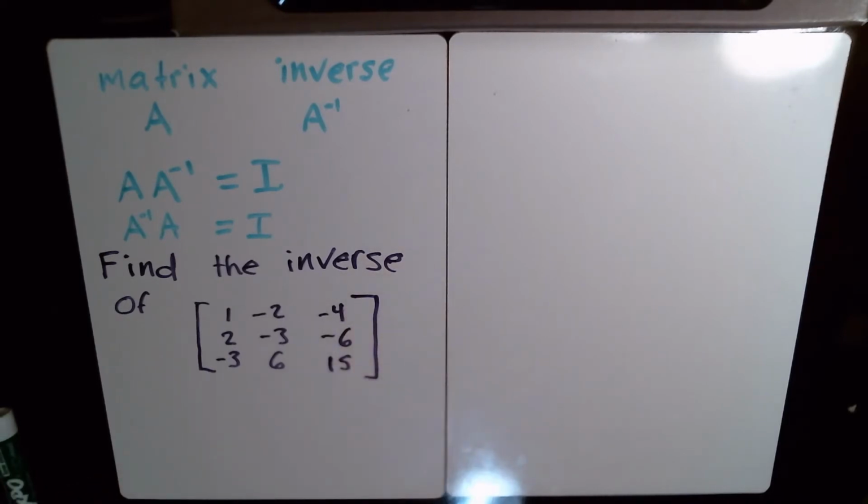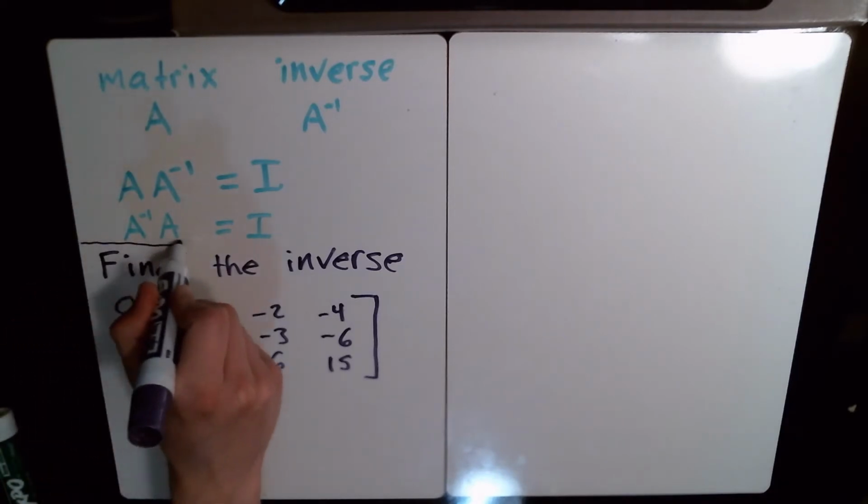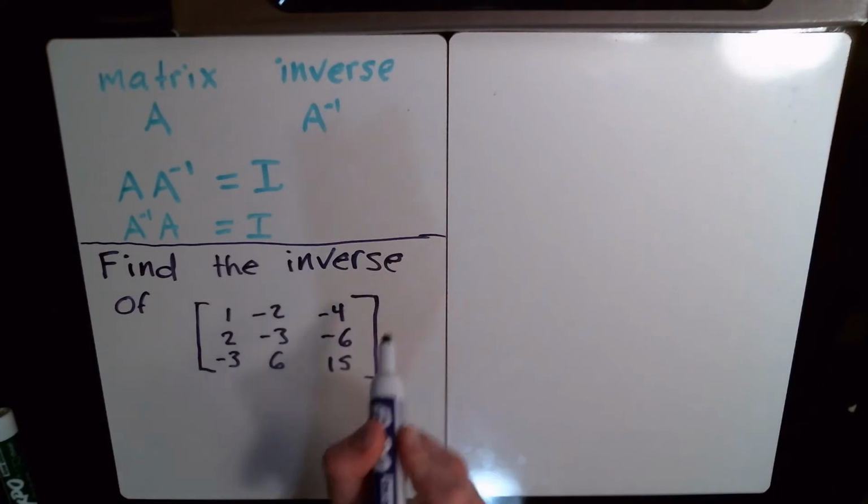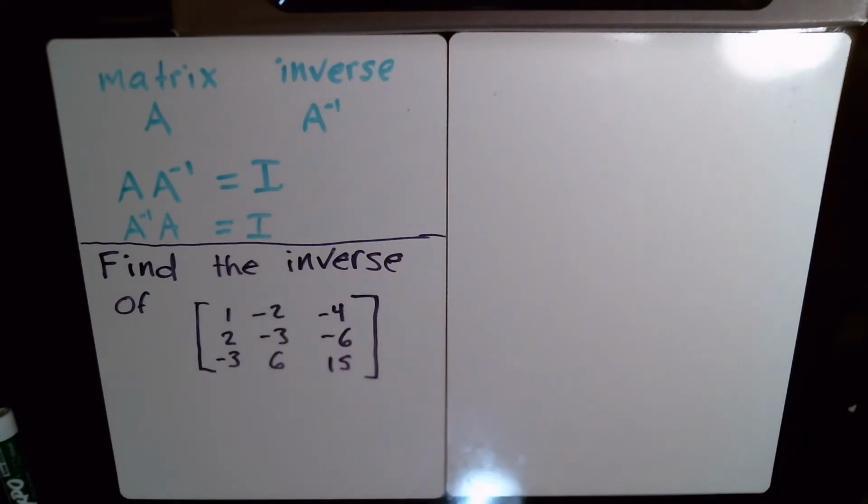Okay, so let's say that this is my matrix that I'm dealing with, and I want to, instead of being given the inverse, let's say that I want to find the inverse. How could I actually find that out?